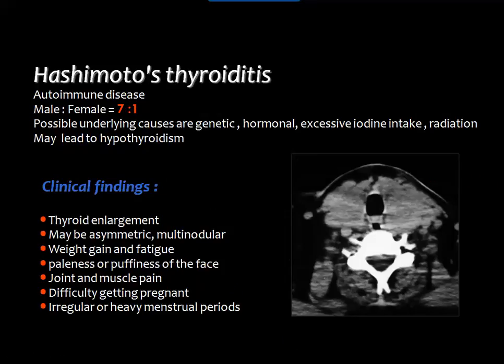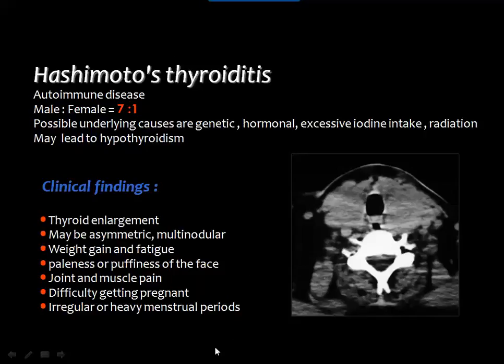The second type of thyroiditis is Hashimoto's thyroiditis, which is an autoimmune disease of unknown etiology, and this is the incidence of the patient considering male and female incidence.